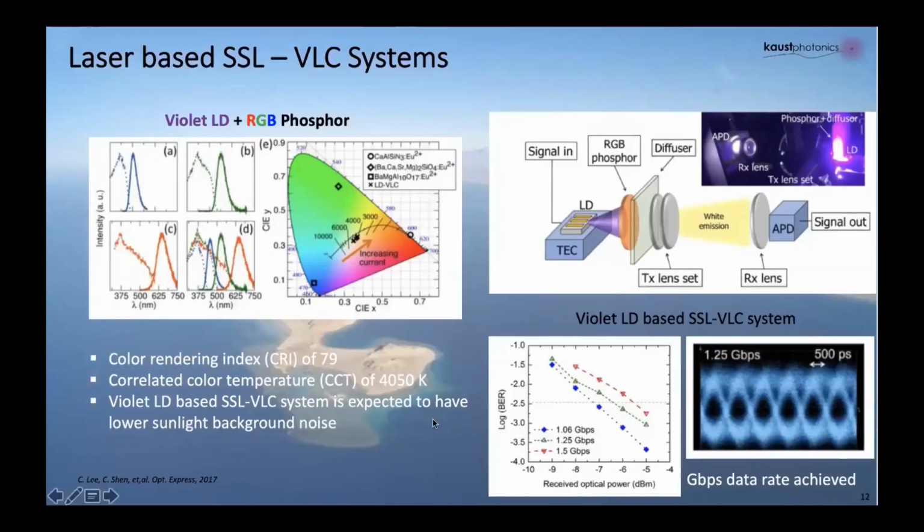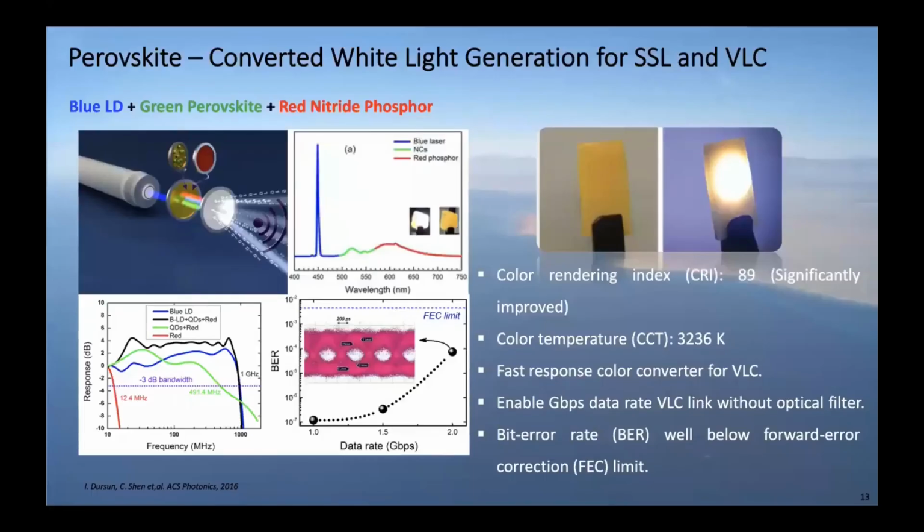Phosphor is an issue because phosphor is always a very slow component and always slows down the entire modulation system. So in 2016, we integrated a new type of phosphor called perovskite quantum dot-based phosphor into the red color light in order to increase the CRI to a very significant level, which is close to 90.